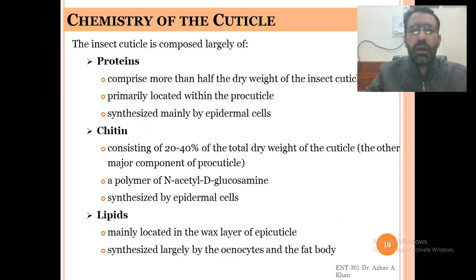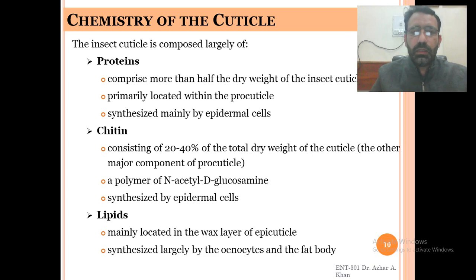So the chemistry of cuticle. The insect cuticle is composed largely of proteins, which comprise more than half of the dry weight of the insect cuticle, and are primarily located within the procuticle. It is synthesized mainly by epidermal cells. Then the second one is chitin. Chitin constitutes 20 to 40% of the total dry weight of the cuticle.